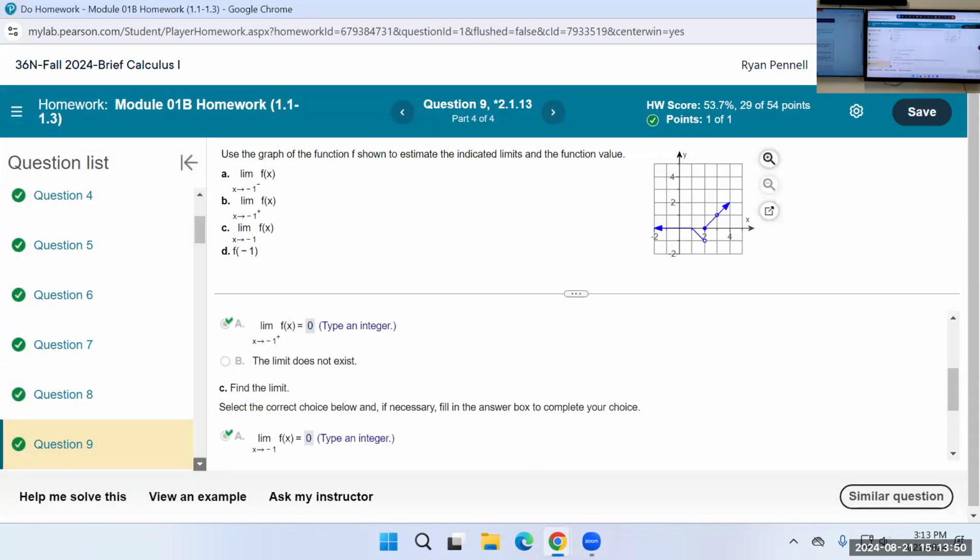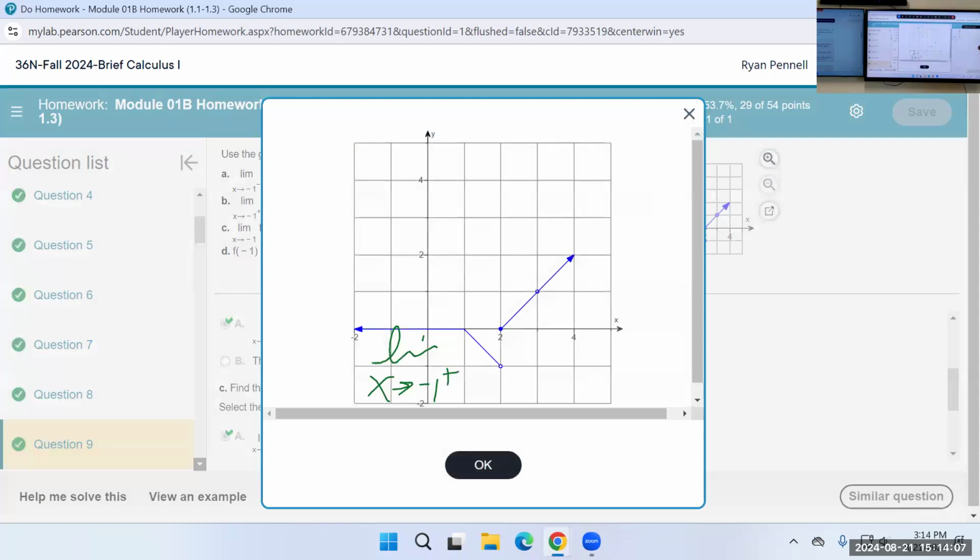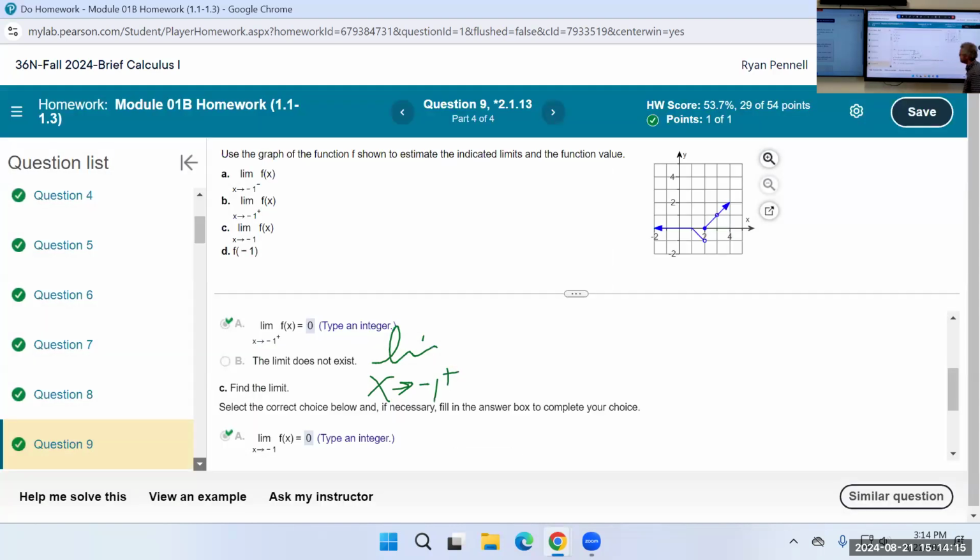Use the graph of the function f shown to estimate the indicated limits and the function value. So the first thing I needed to answer was the limit as x approaches -1 from the right. Well, that's 0. It looks like it'd just be 0. Okay.